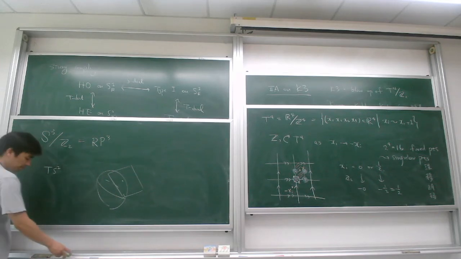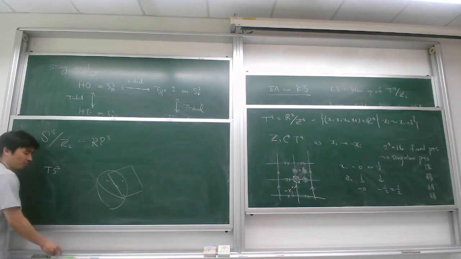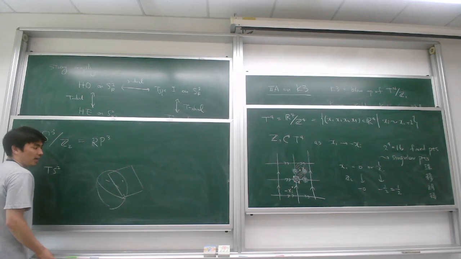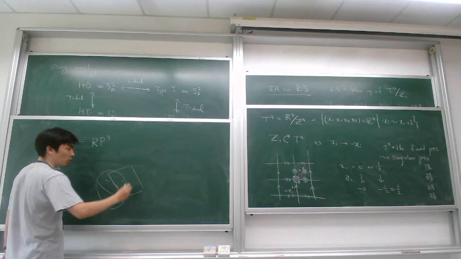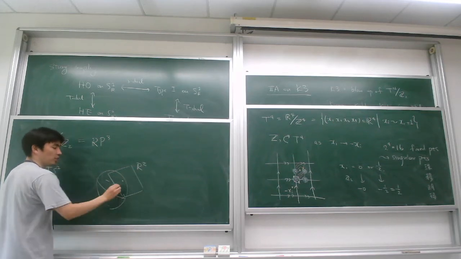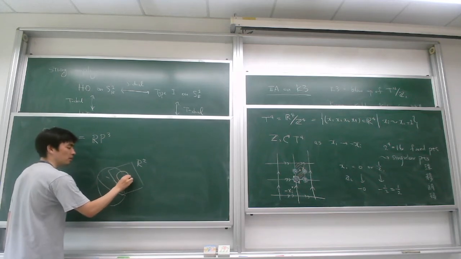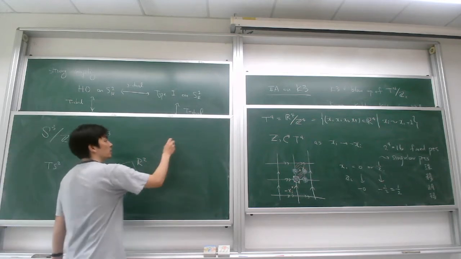And then, what is the dimension of the tangent bundle of S2? Real dimension, the tangent bundle as a whole manifold. Four dimensional. And each fiber is R2. And then just look at the unit circle at each fiber. So here is a schematic diagram.